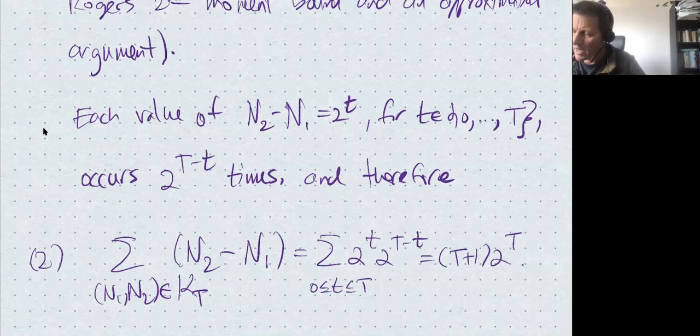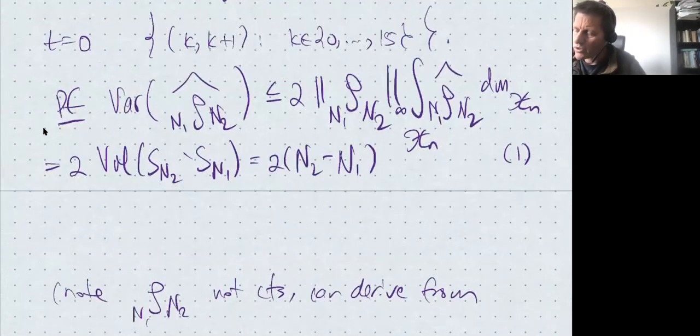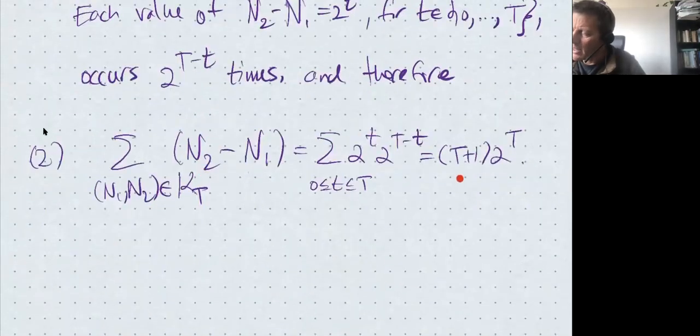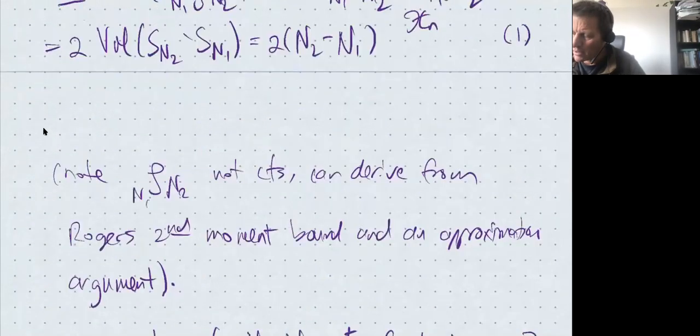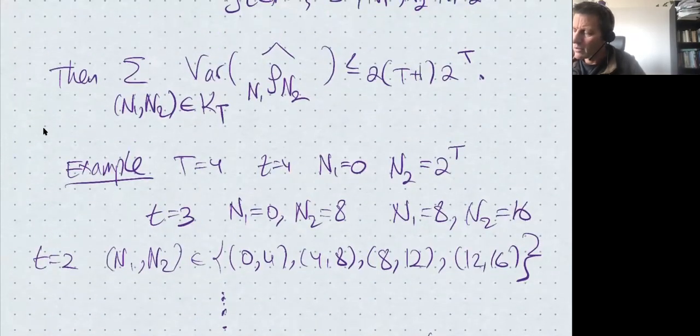And so I'm summing the inequality number 1 over all possible choices of n1 and n2, and I get that this is bounded by that, and so we get this. The 2 comes from line number 1.